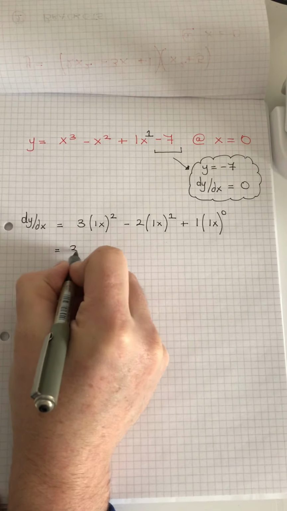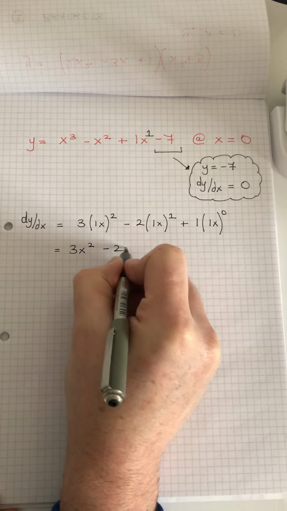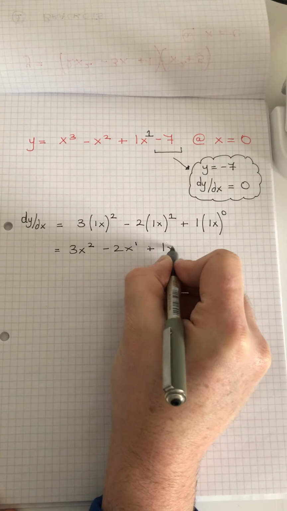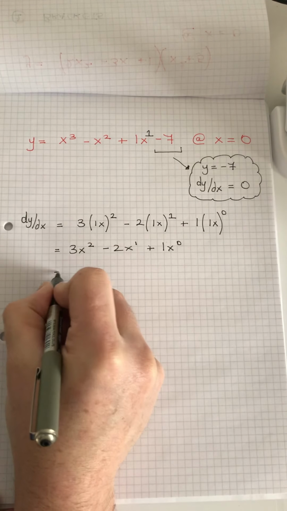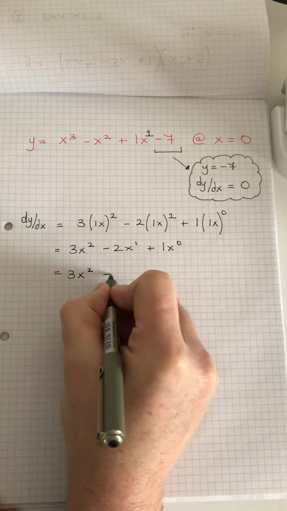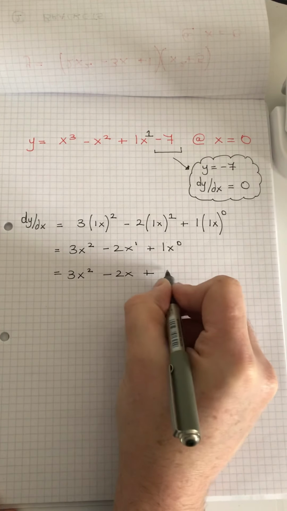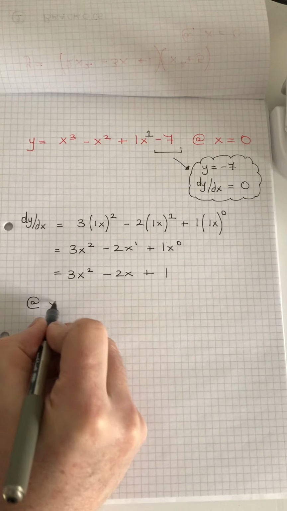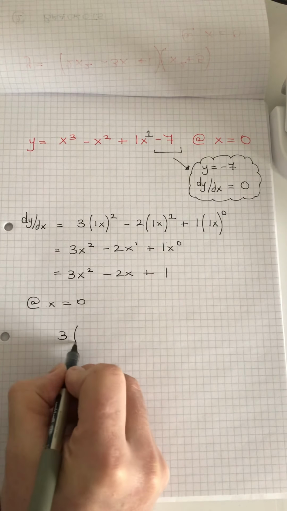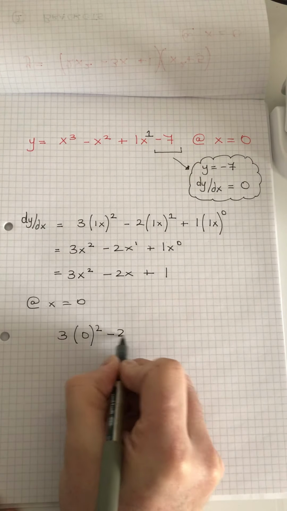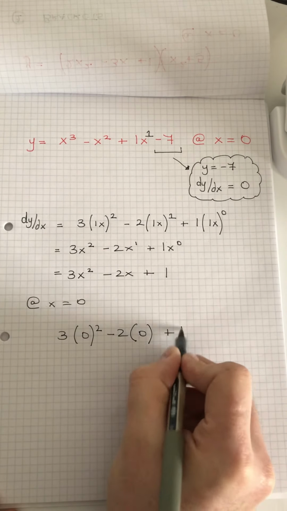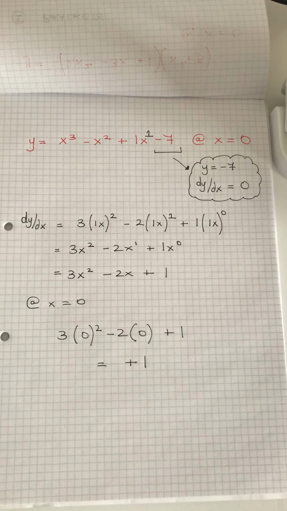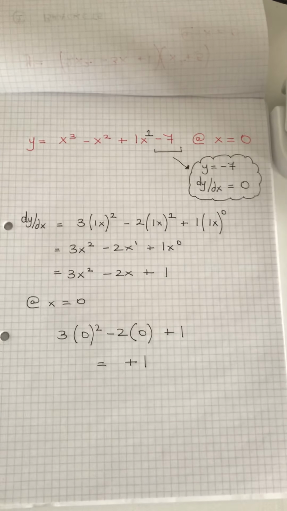So we get 3x squared minus 2x to the power of 1 plus 1x to the power of 0, which is 3x squared minus 2x plus 1. At x equal to 0 gives us 3 times 0 squared minus 2 times 0 plus 1, which is equal to 1. And that's evaluating our derivative.